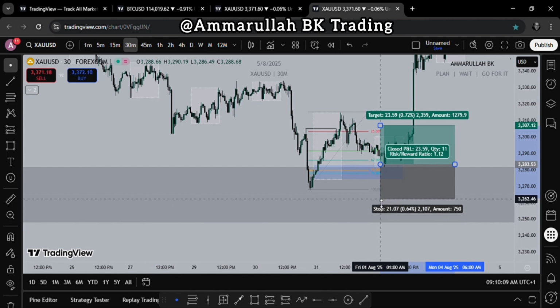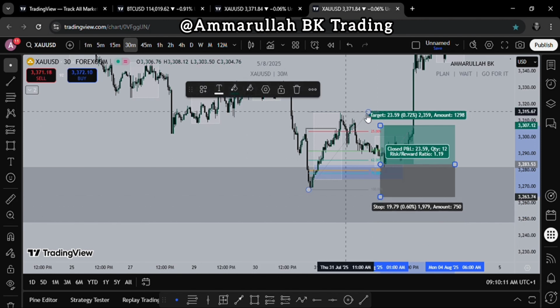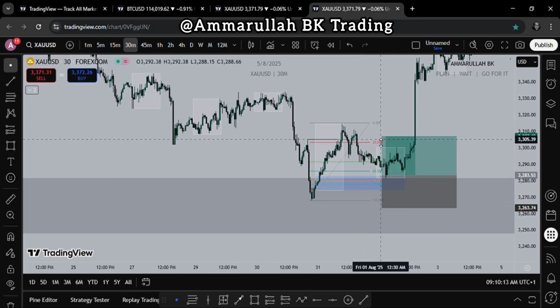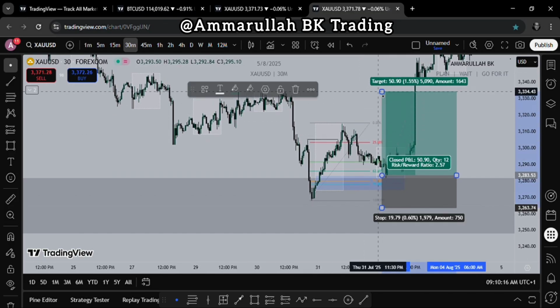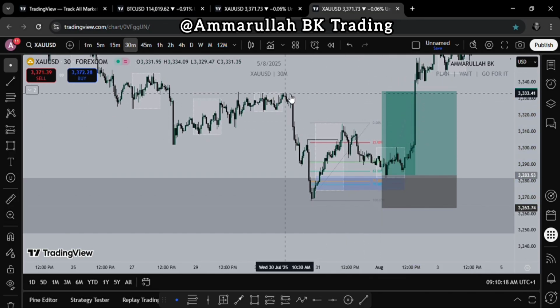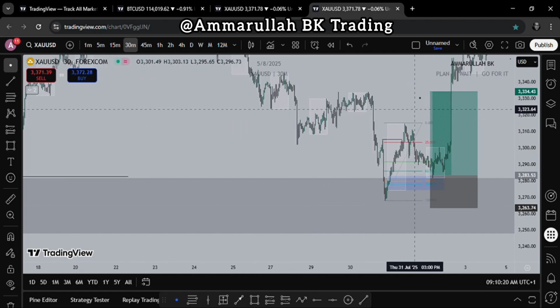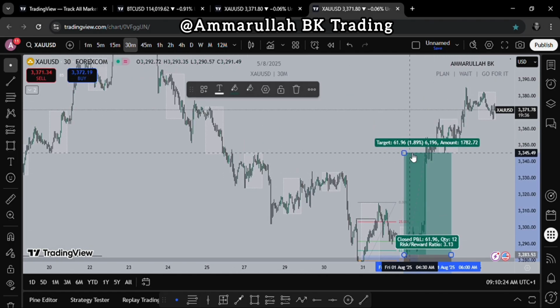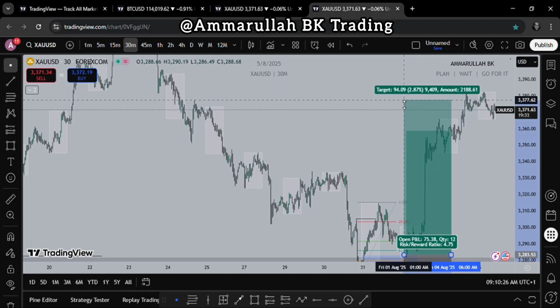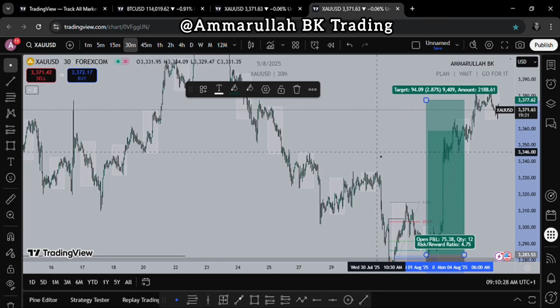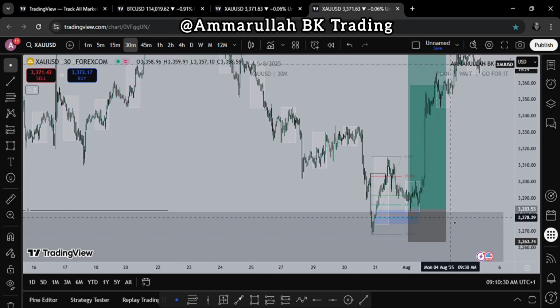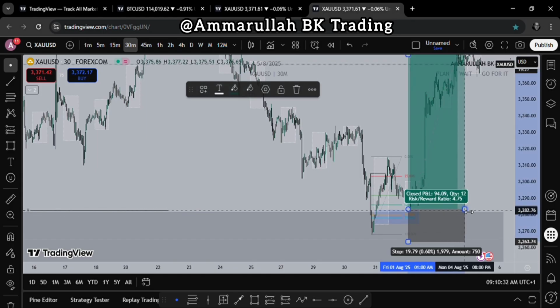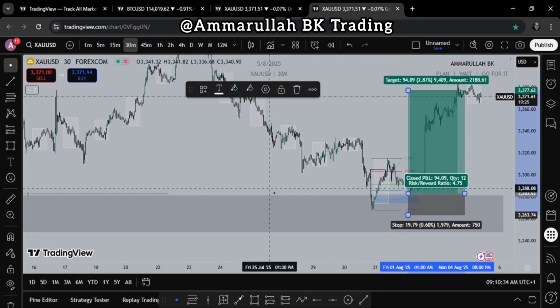So below this low, and the first take profit should be this high right here, right? That's the first TP. The second TP above this high, the third TP above this high, right? All of them have played out. If you can see, all of them have played out.